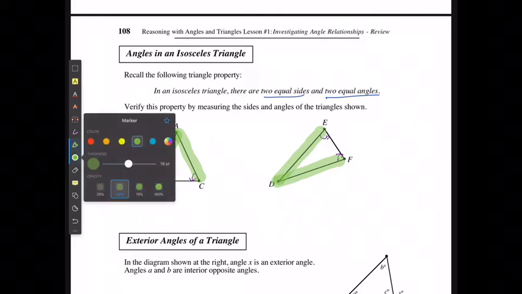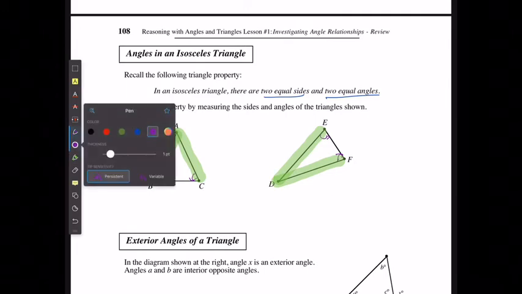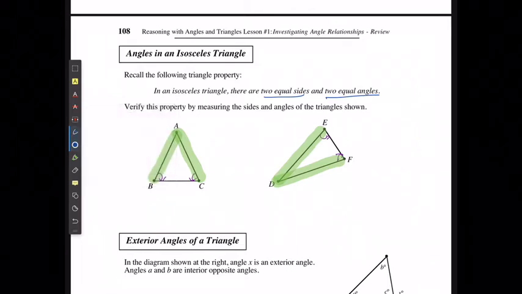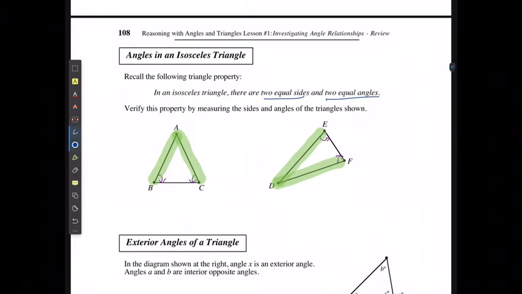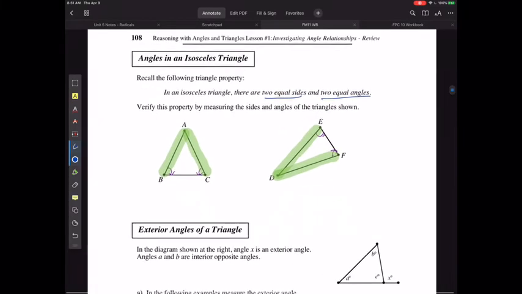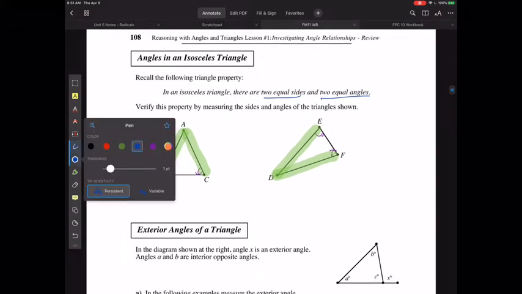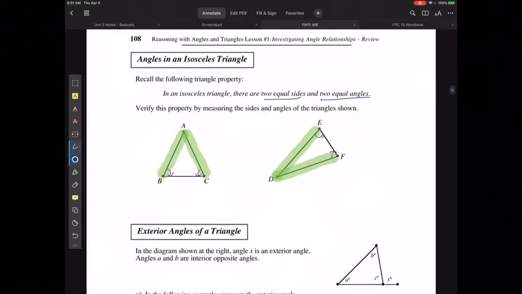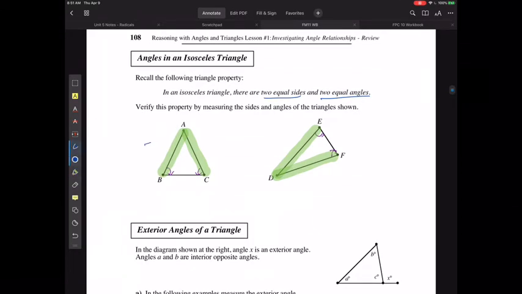When I measure these out, I can state that the length of this is going to be 2.8 centimeters, and this side is 2.8 centimeters, and the bottom happens to be 2.4 centimeters.